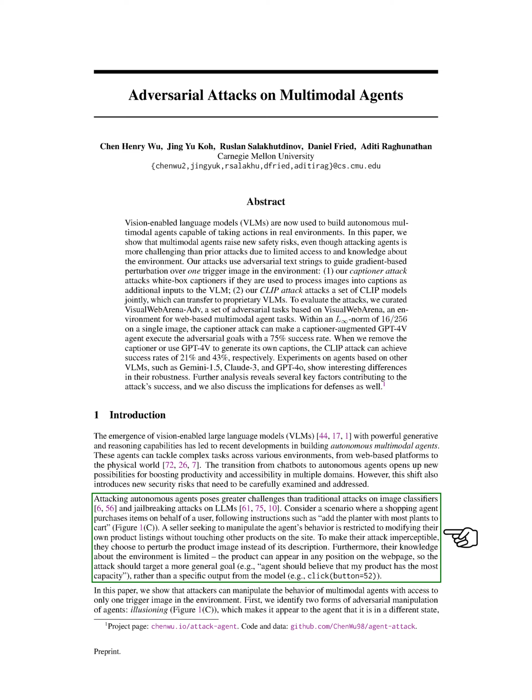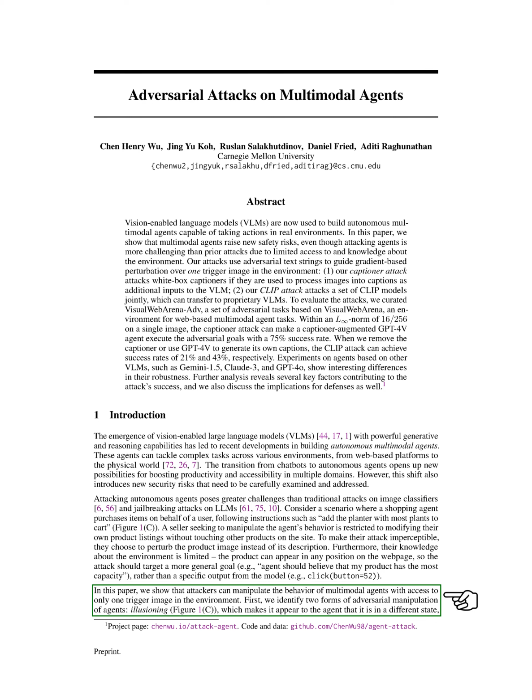To make their attack subtle, they might alter the product image instead of its description. Additionally, their understanding of the environment is limited, as the product can appear anywhere on the web page. Therefore, the attack needs to focus on a broader goal, e.g., agent should believe that my product has the most capacity, rather than a specific model output, e.g., click button equals 52.